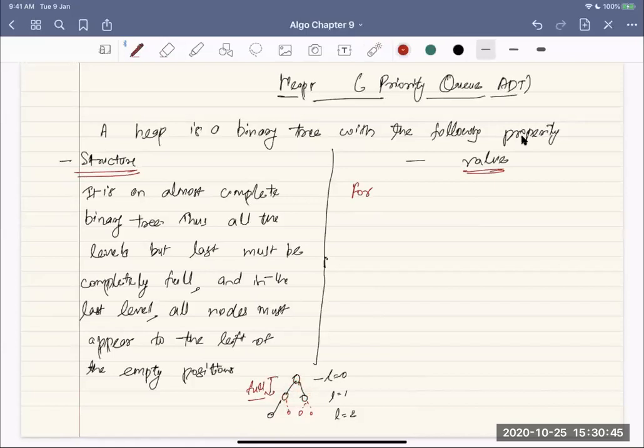So for any node U and its parent P, the value of P is greater than or equal to the value of U. And this is for a max heap. When you talk about a heap, you can say max heap or min heap analogously. Generally if I don't say anything, I'm talking about a max heap. So the value of the parent is greater than or equal to the value of the node.